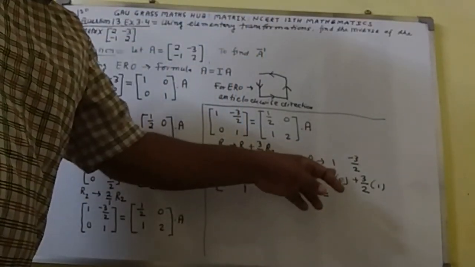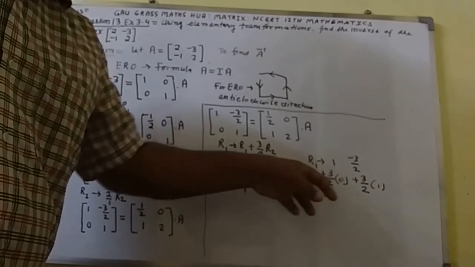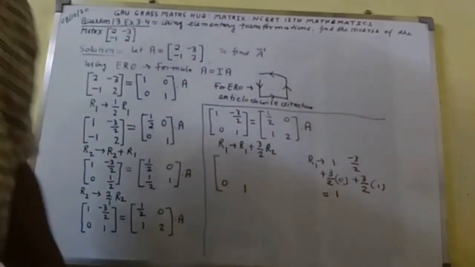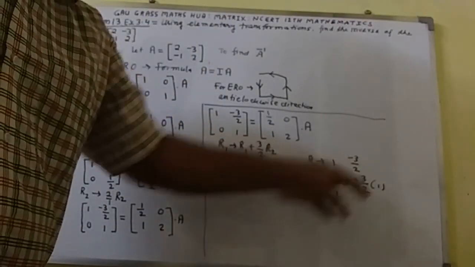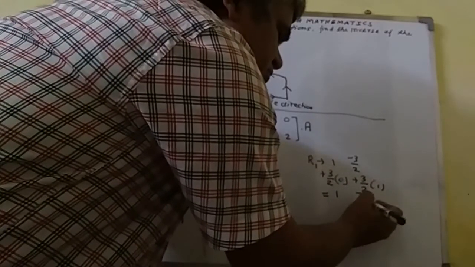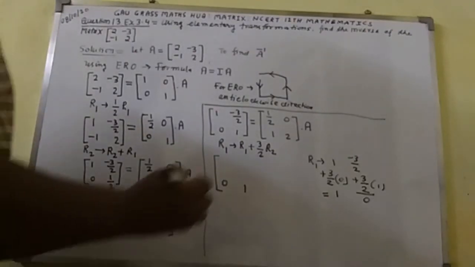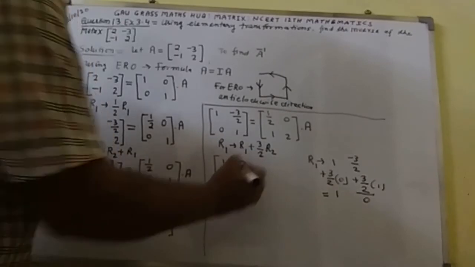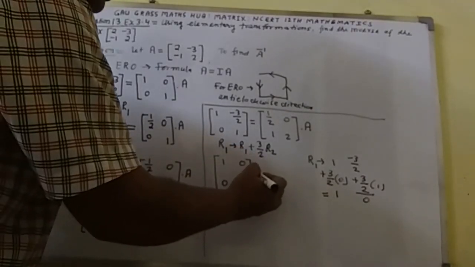So this will become: 1 plus 3 over 2 into 0 comes out to 1. 0 plus 1 comes out to 1. And minus 3 over 2 plus 3 over 2, both added together, you will get 0. Now here I shall write 1, here you will get 0. Closing of square bracket, equal to.